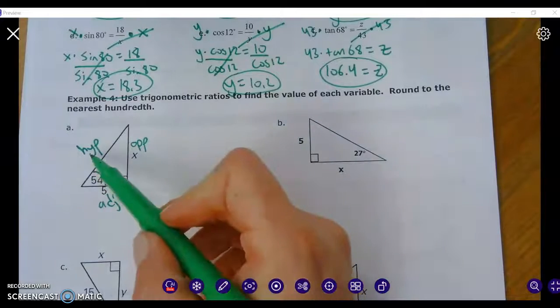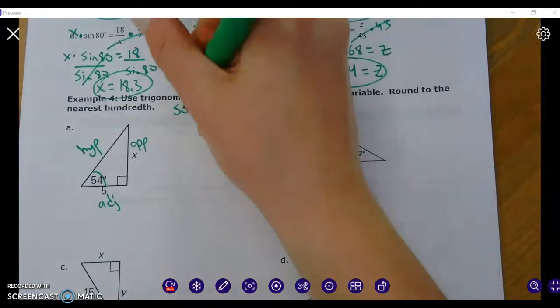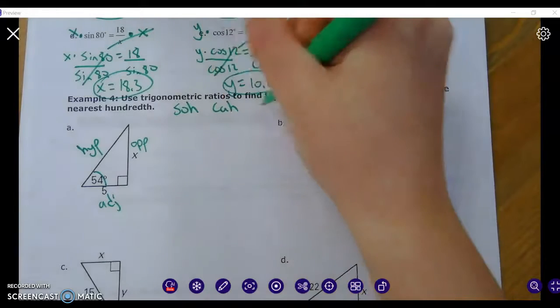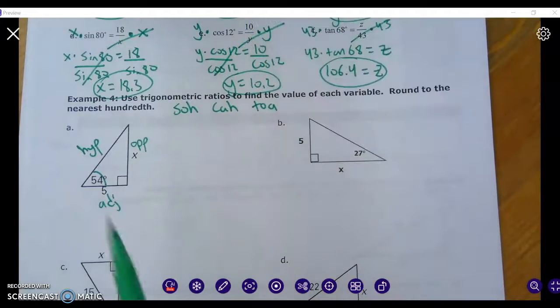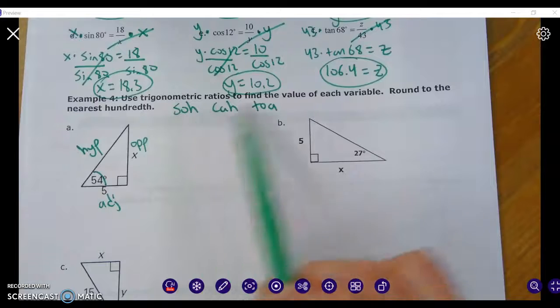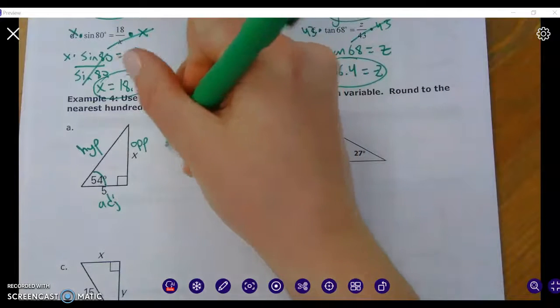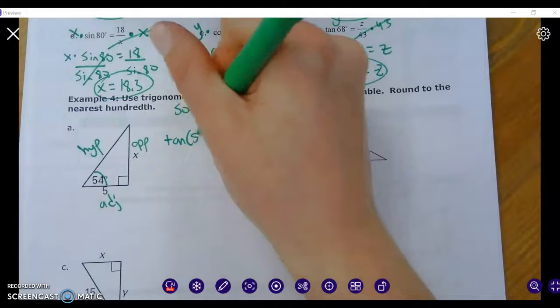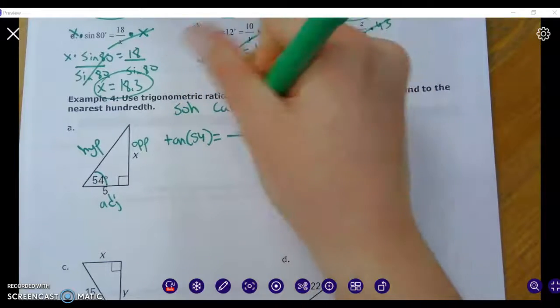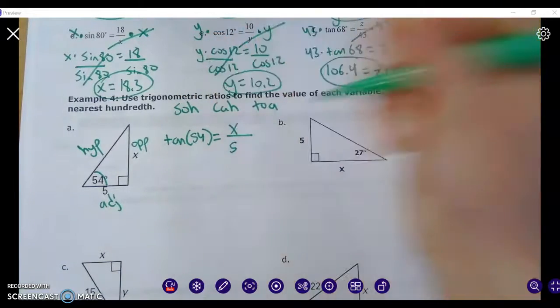Since the hypotenuse side is blank, we cannot use that. So if we write down our little memory trick, SOHCAHTOA, both sine and cosine use hypotenuse, so that only leaves tangent that we can use to solve for x. So we're going to have tan of our angle equals opposite over adjacent, so x over 5.